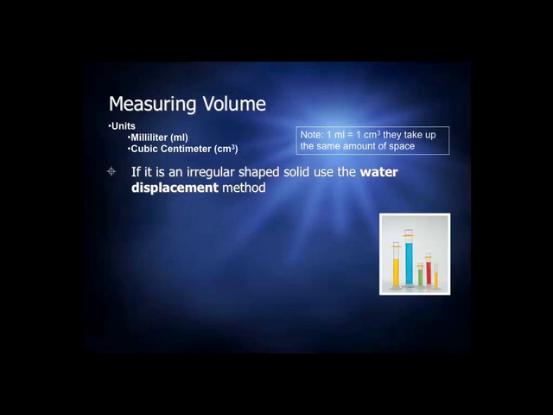So, if it's an irregular shaped solid, we use water displacement. Basically, we put a quantity of water in a graduated cylinder. The amount is really not important. It just needs to be enough to hold the object.